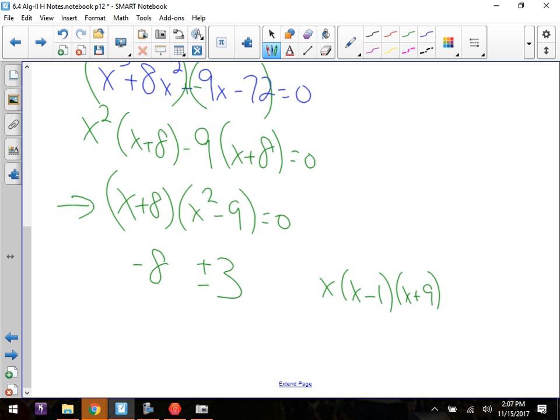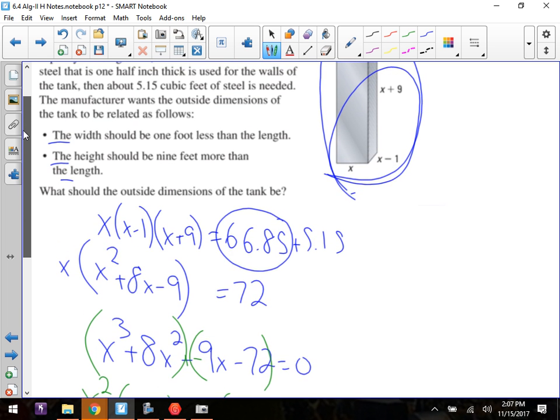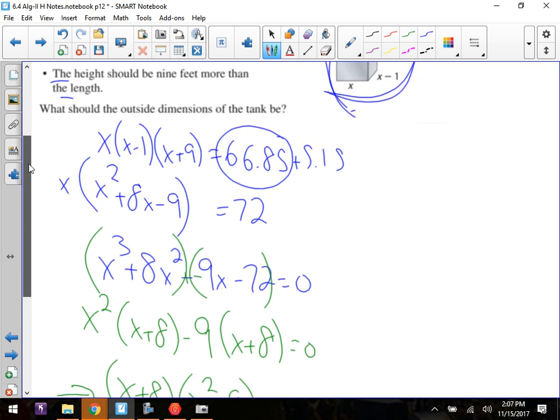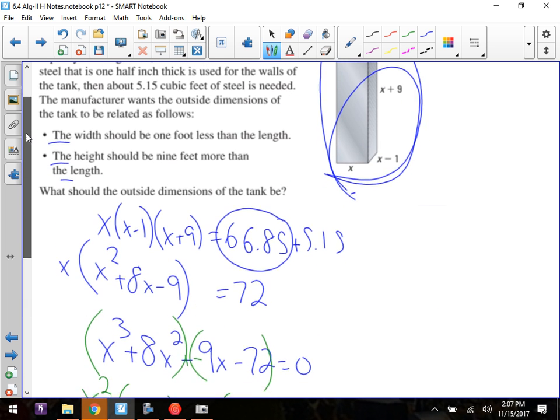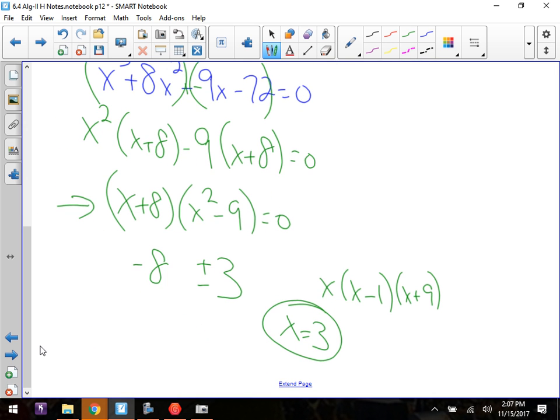So the value of x has to be 3. And I think in that case, that meant the length was 3, because everything else was built off of length, I believe. So if our length was 3, the other one would have been 2, and the other one would have been 12. And there's your result. Okay? Does that help on that one?